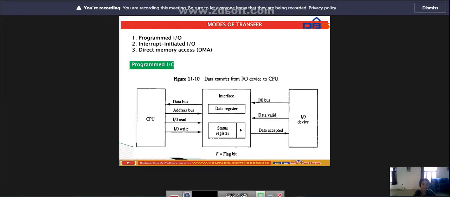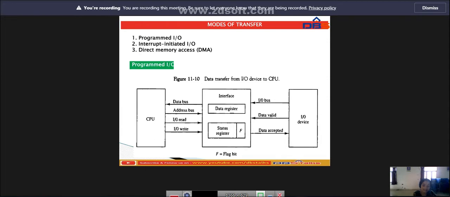This is done by reading the status register into a CPU register and checking the value of the flag bit. If the flag is equal to 1, the CPU reads the data from the data register.